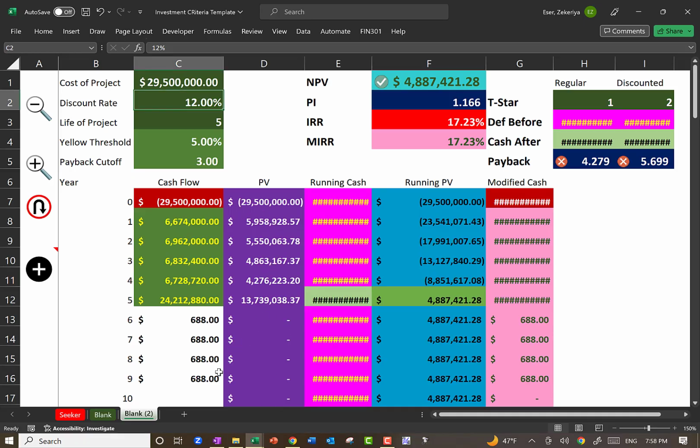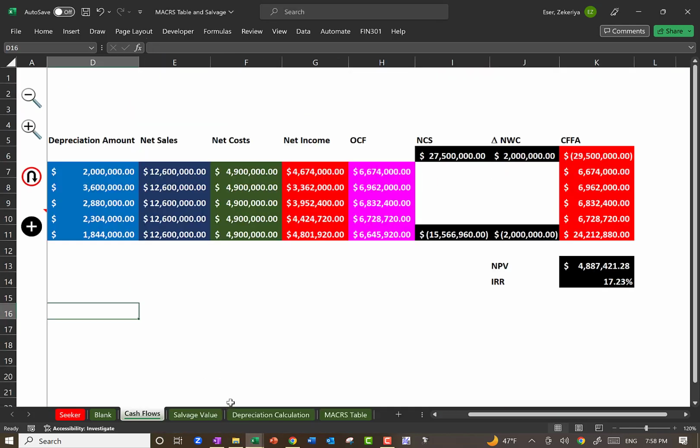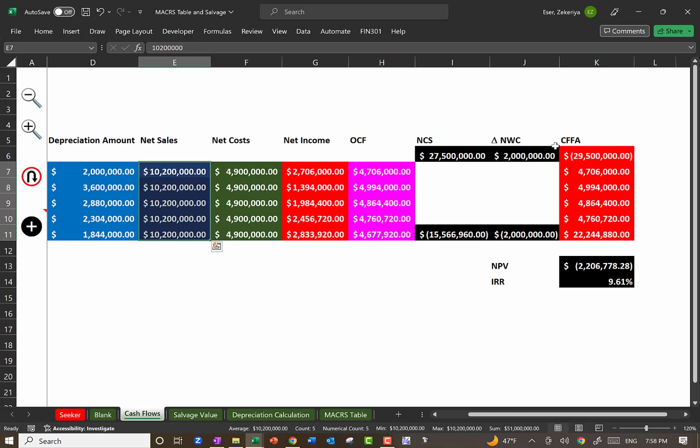So if I reduce the net sales by $2.4 million a year, and immediately the project becomes negative net present value. You know, there is variation on those forecasts. So on the low end, I may be losing money.